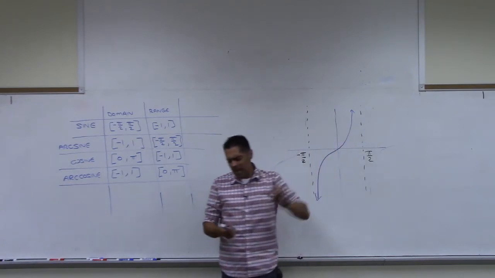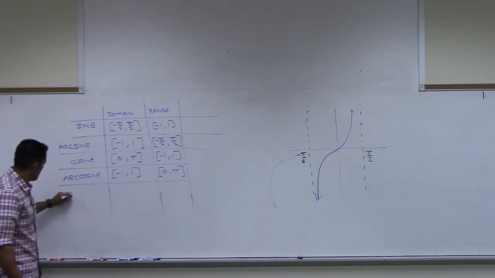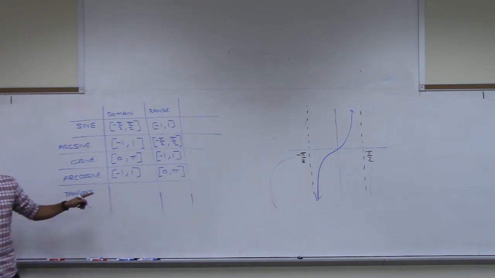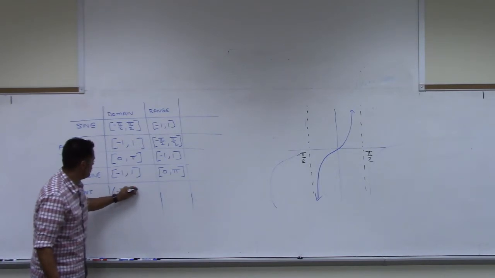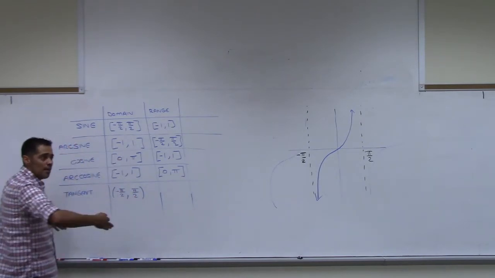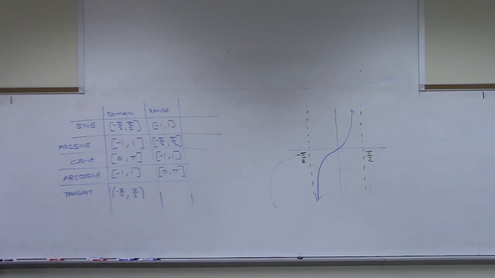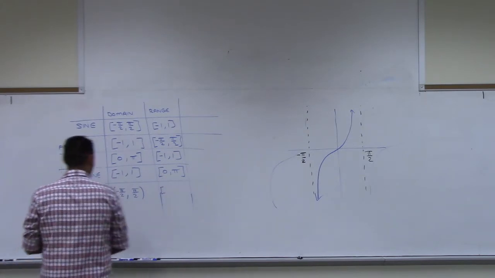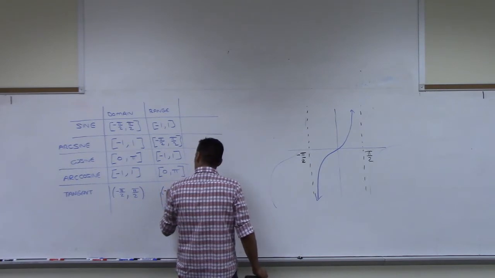So if that's where I cut it, what's my domain? Be careful. Negative pi over 2 to pi over 2. How do I write that here? Does not include, so I need parentheses: negative pi over 2 to pi over 2. Understand? Because they're vertical asymptotes there, I cannot include those points. Now what about the range? Negative infinity to infinity. I just put a bracket on negative infinity, that's pretty funny.